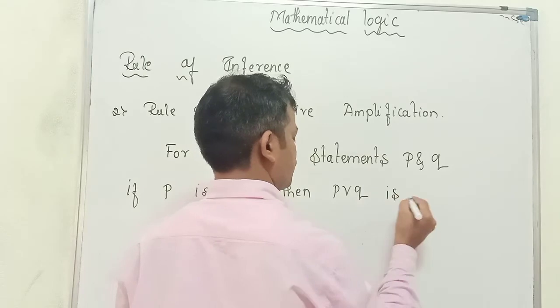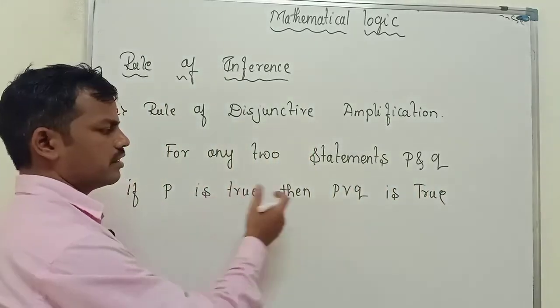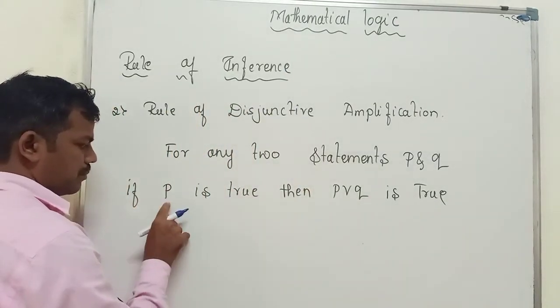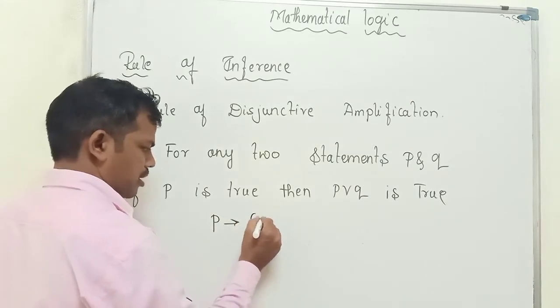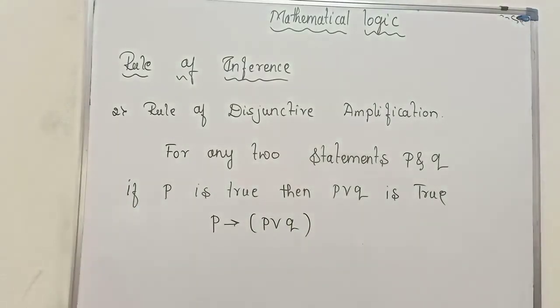If any one of them is true, then the disjunction is true. So it depends upon P. We can write like this: P conditional P or Q.